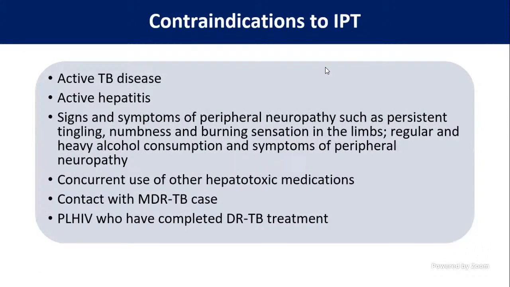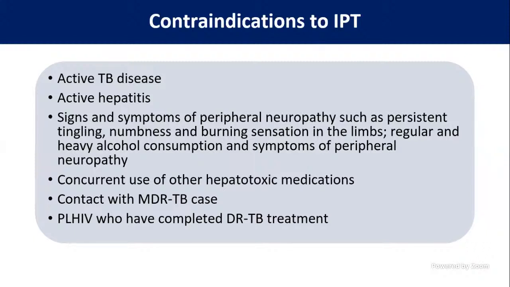Now, what are the contraindications? The patient should not have active TB disease or active hepatitis, or signs and symptoms of peripheral neuropathy, if they are persistent. Heavy alcohol consumption is also a contraindication, as it is more prone to aggravate peripheral neuropathy.